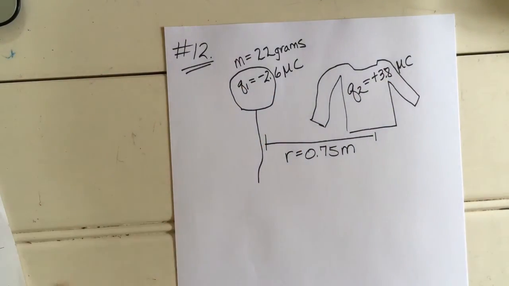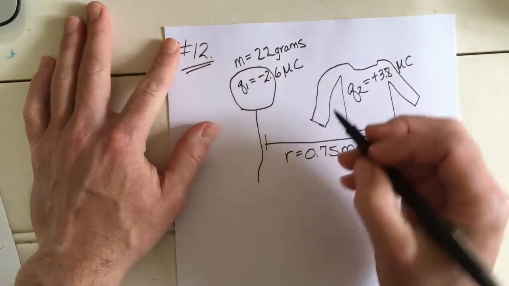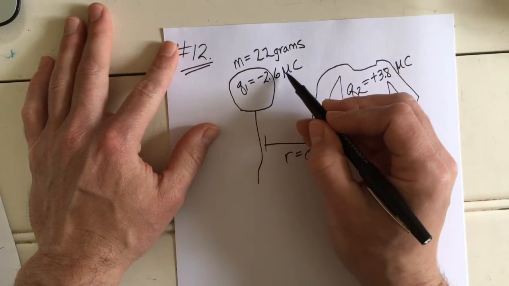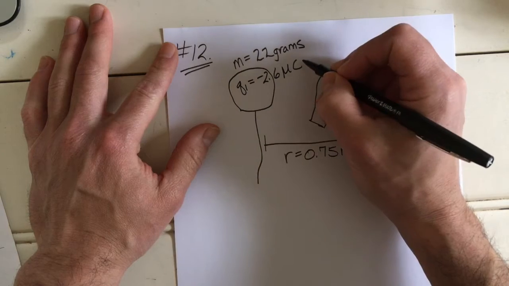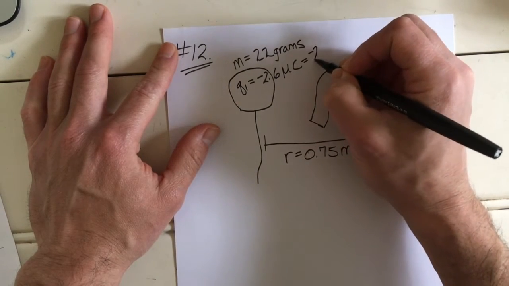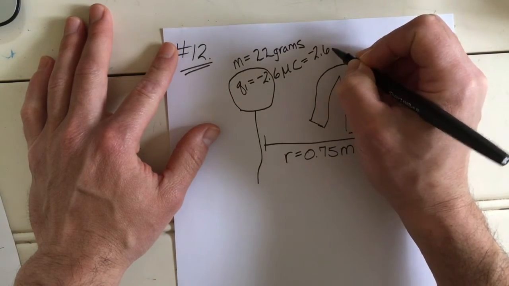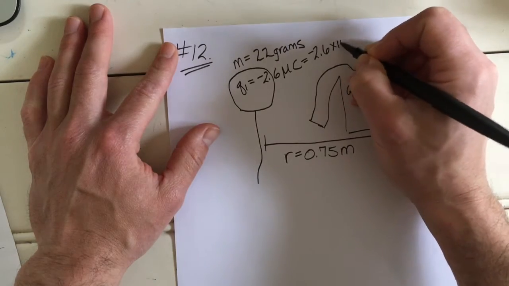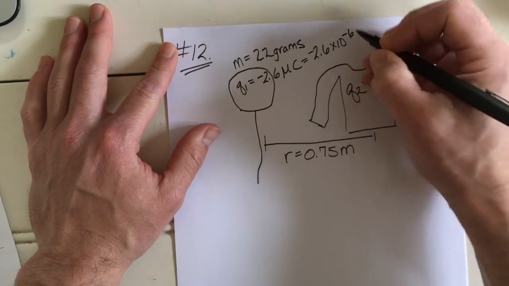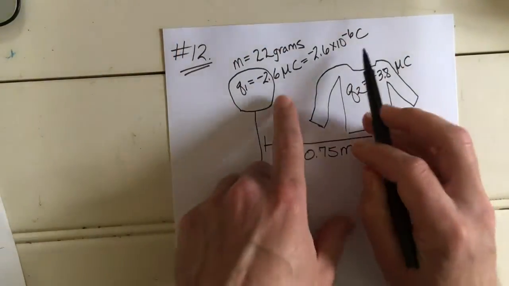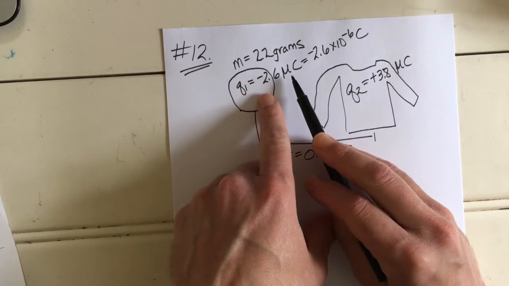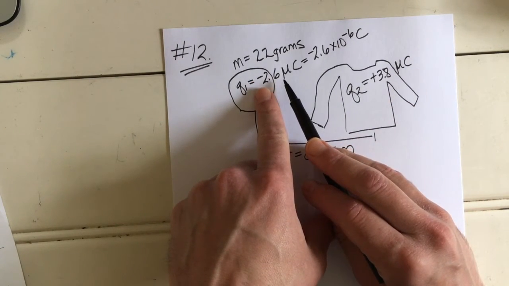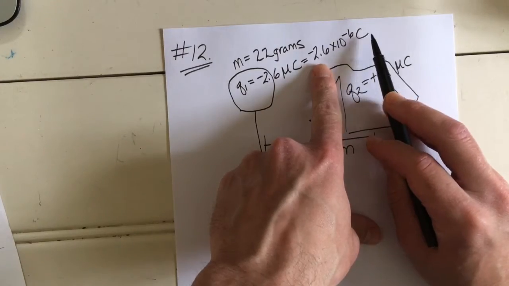We can make the change pretty easily. We can say that negative 2.6 microcoulombs is equal to negative 2.6 times 10 to the negative 6 coulombs. Because 1 Coulomb is a lot of microcoulombs, but we only have a tiny amount of microcoulombs, so we have a very tiny amount of coulombs.